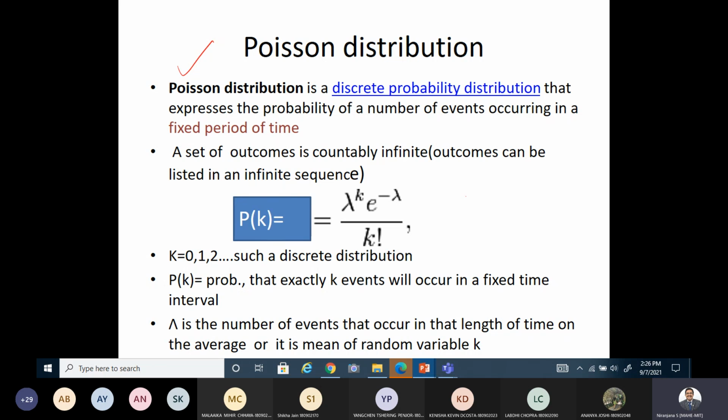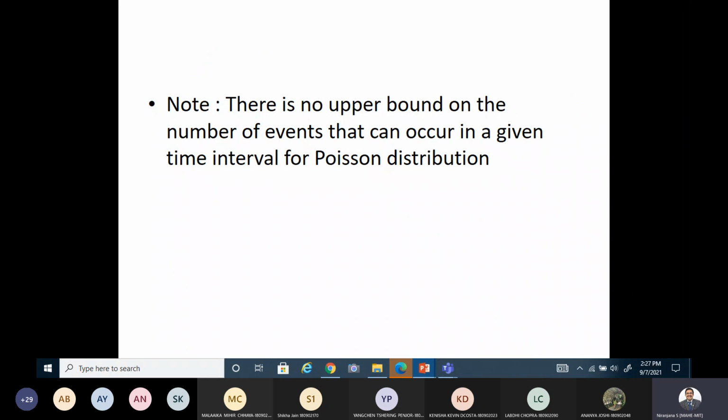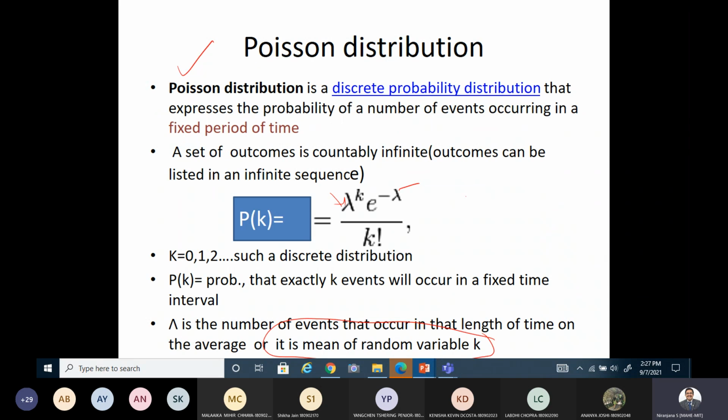So what is lambda here? Lambda represents an average value. Lambda is the number of events that occur in that length of time on average, or it is the mean of the random variable k. It is the mean value over that duration, for example 9 a.m. to 10 a.m.: the average number of vehicles arriving, defined with a mean.